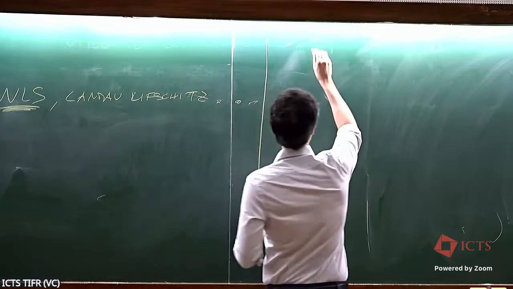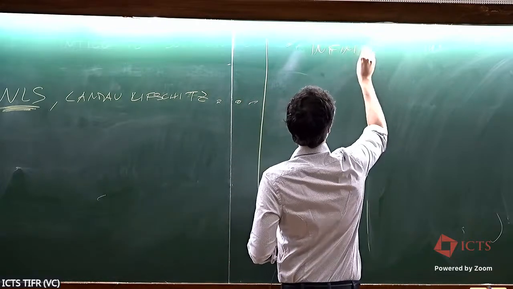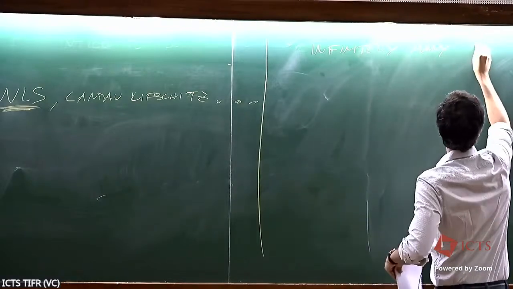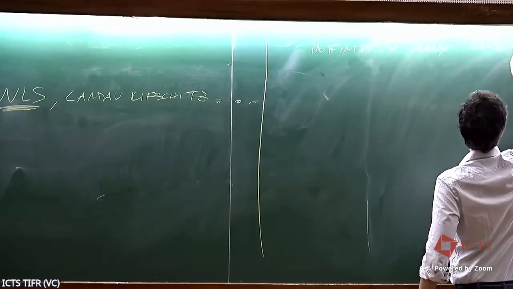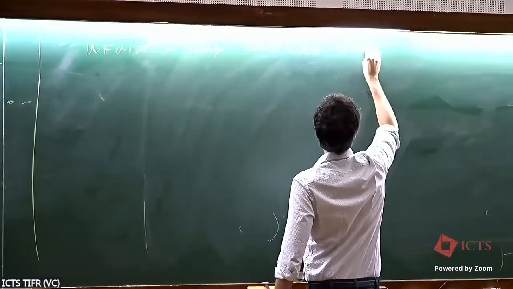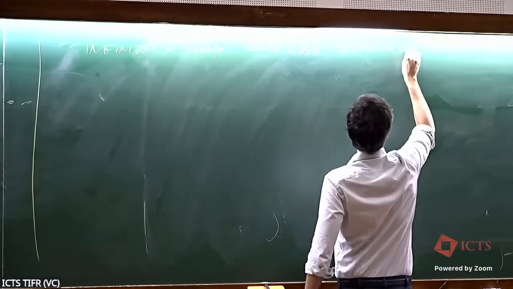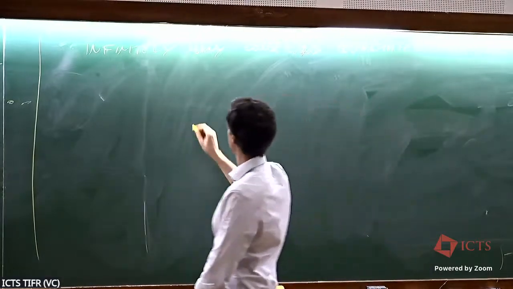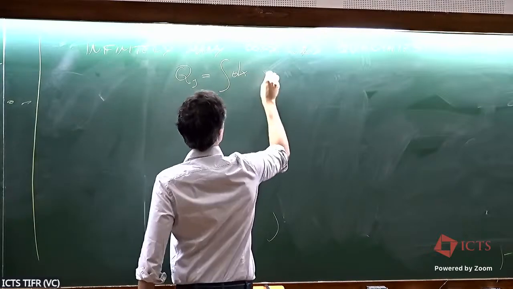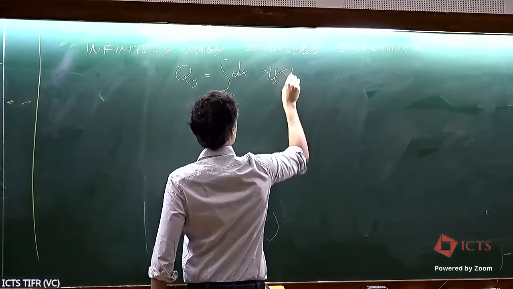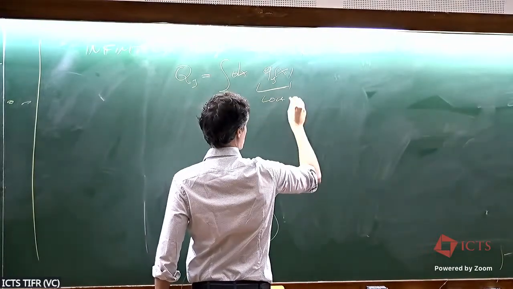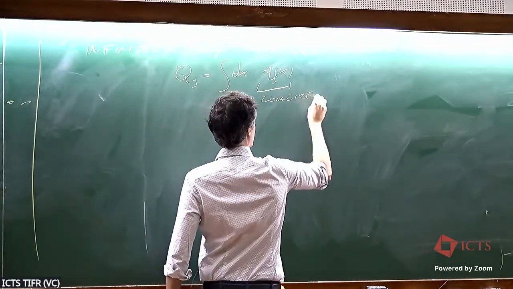We're going to have infinitely many conserved quantities in the form like this, with this being a localized operator or a function of the field.